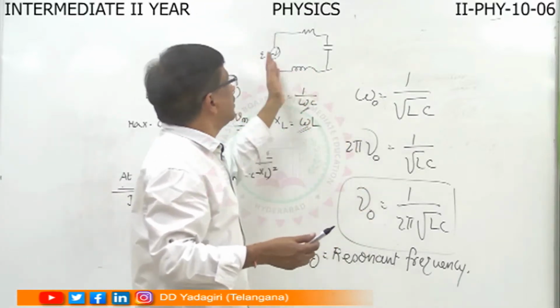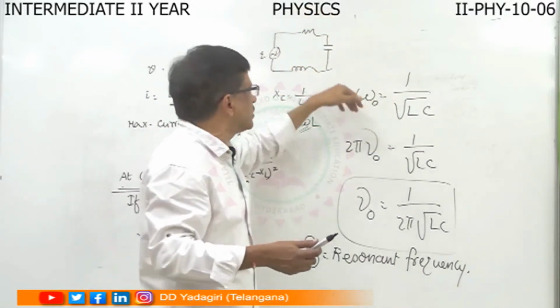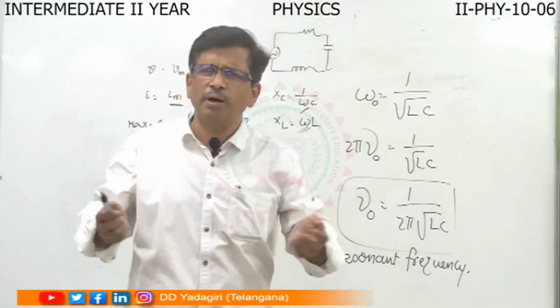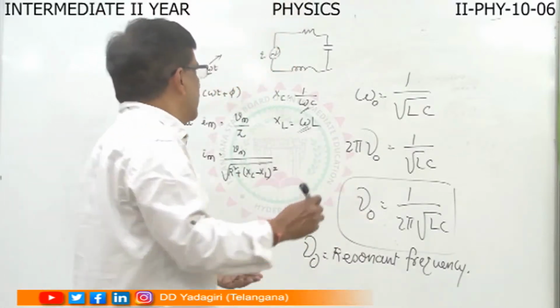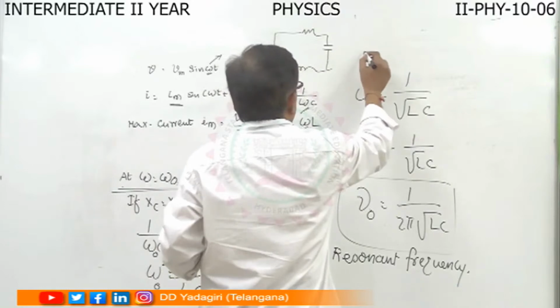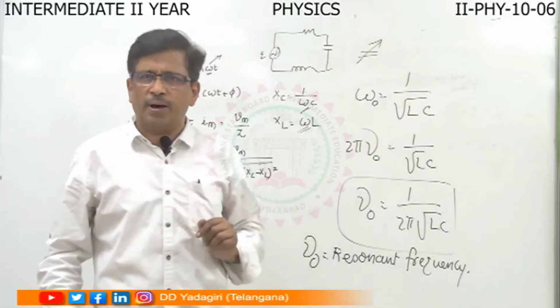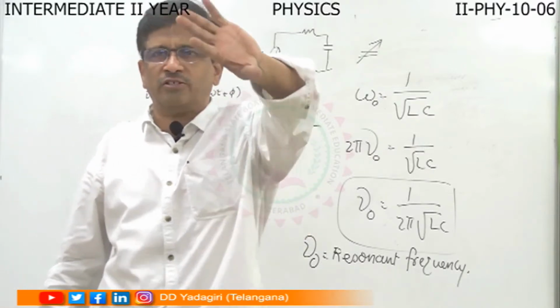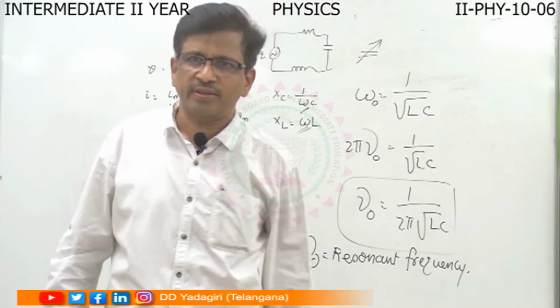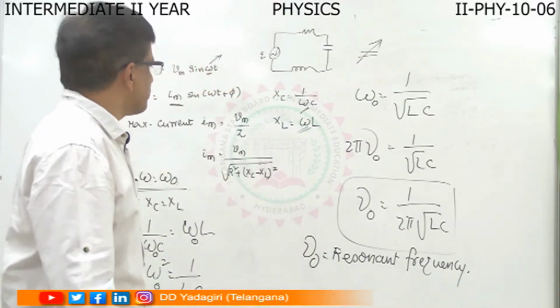So you can create circuits of various resonant frequencies by varying these values. Normally, it is easy to change the capacitance value. We have variable capacitors, represented like this. So by connecting a variable capacitor and changing the capacitance, you can vary the resonant frequency of the circuit.